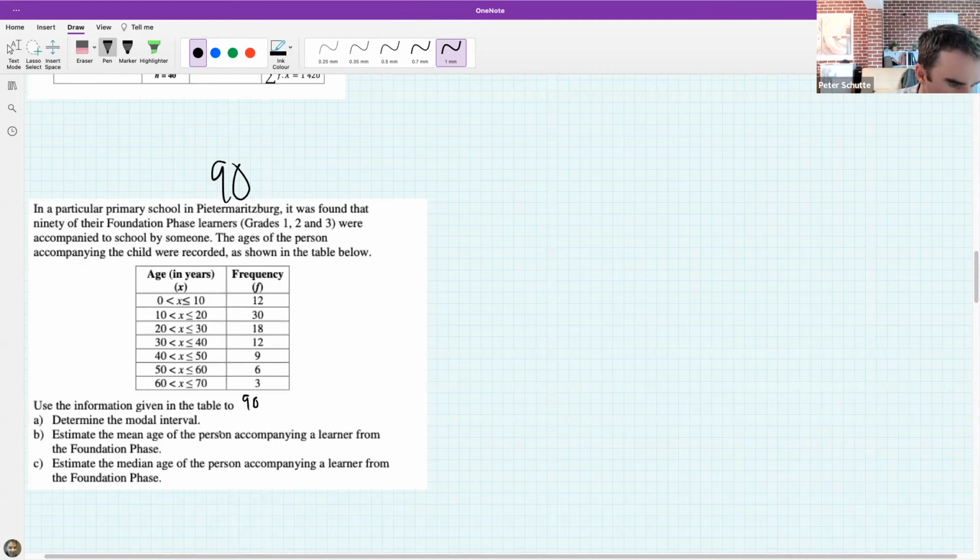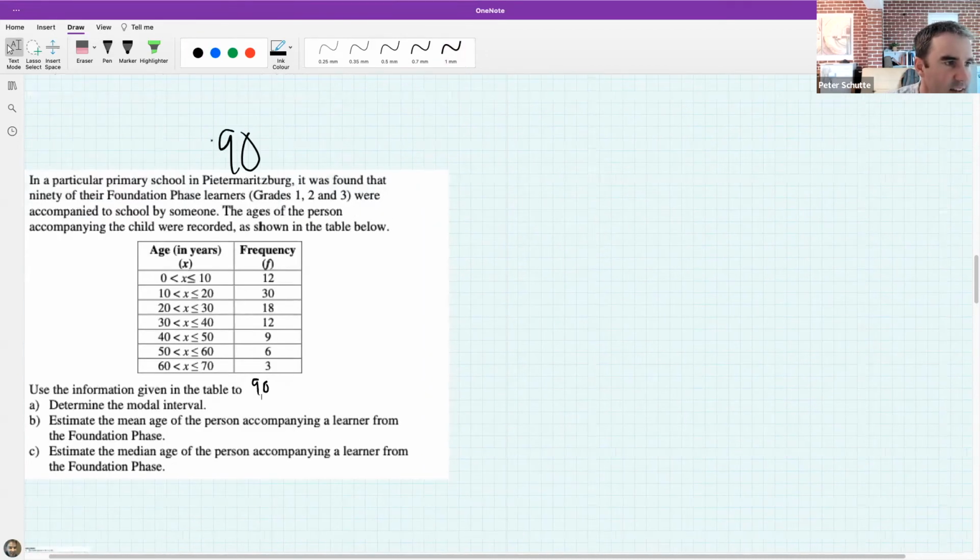Okay, so first question. Using the information in the table above, what is the modal interval for the data set? Remember, this data is grouped now.